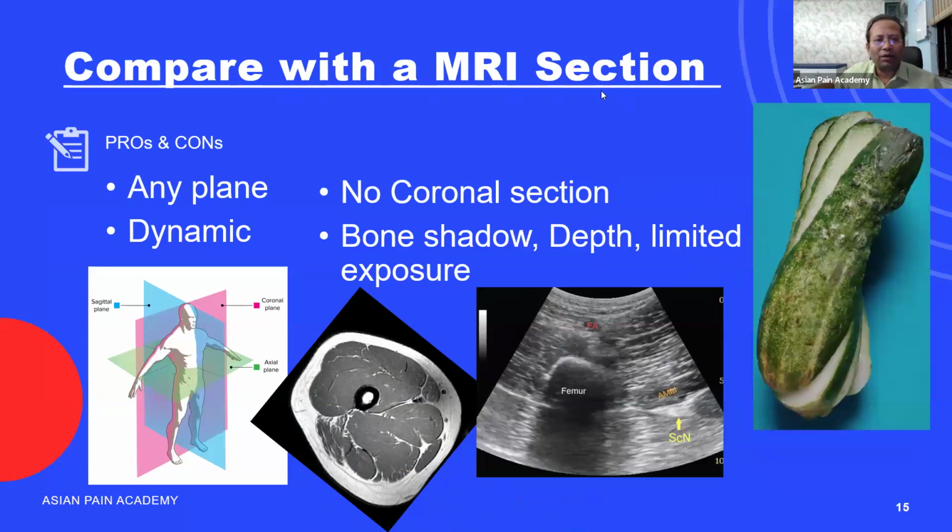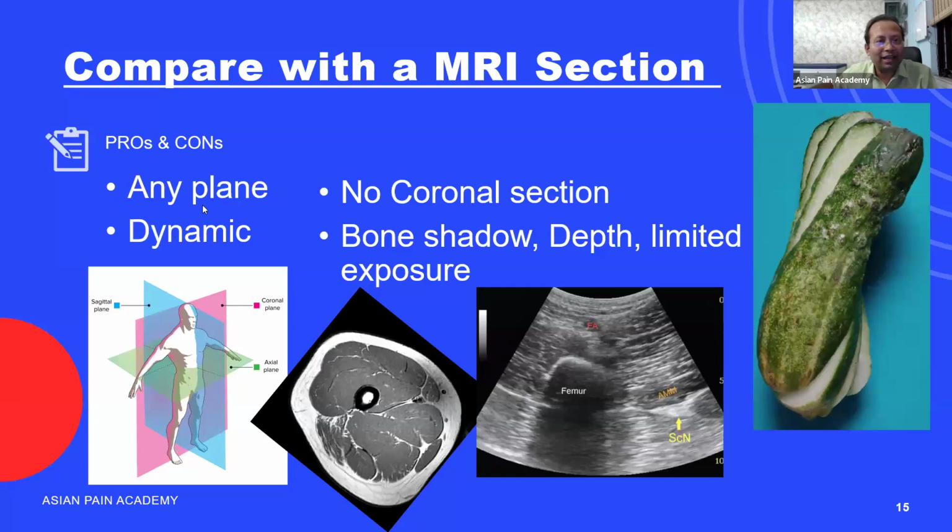Okay, so compare with MRI here. Pros and cons, if we think, then any plane is the advantage. As I told, in MRI and CT, you can take the sagittal section, coronal section, or axial section.